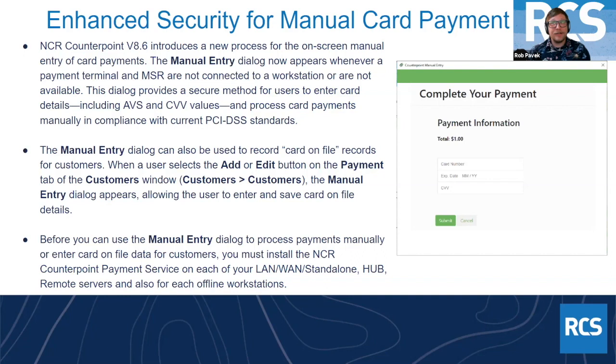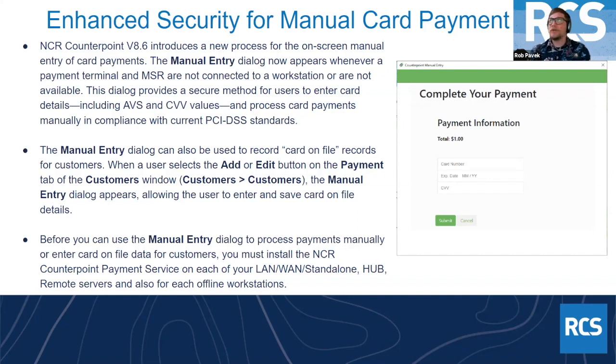Before you can use this new manual entry to process payments manually or enter card on file data for customers, you must install the NCR Counterpoint payment service on each of your LAN, WAN, standalone servers or hub servers, and also for each offline station, okay?